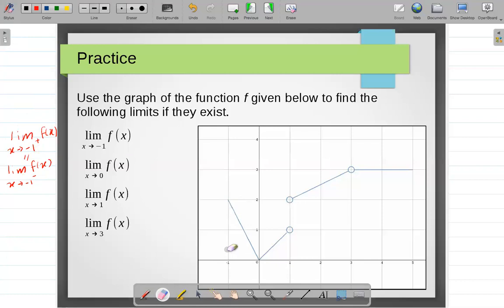So in this case, we don't have to look at the right and left. It's just that the graph ends at -1. So when x approaches -1, what is f of x? The f of x is 2, so that means it's 2. All right. Well, we still need this for positive one. Sorry, this should be for positive one.